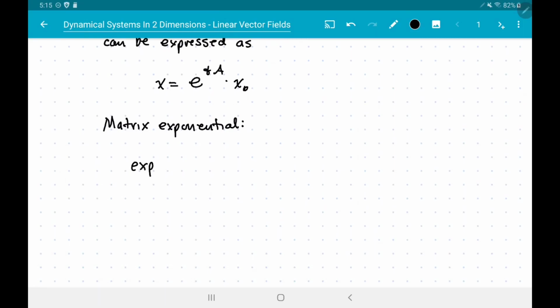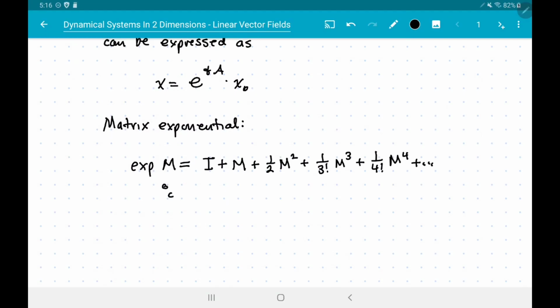I'll write it like this, but exp of a matrix M is defined in terms of a power series. So I plus M plus 1/2 M squared plus 1 over 3 factorial M cubed plus 1 over 4 factorial M to the 4th, and so on.